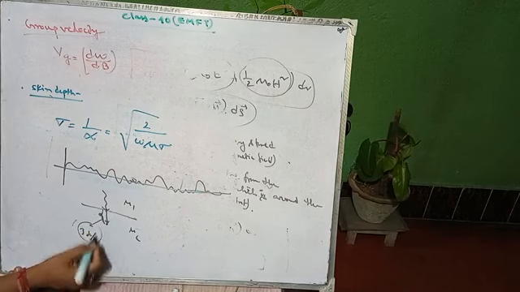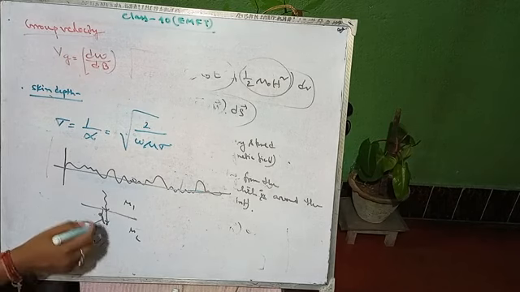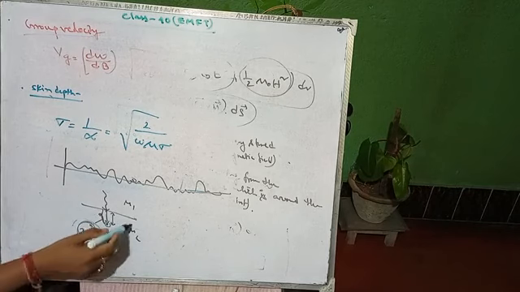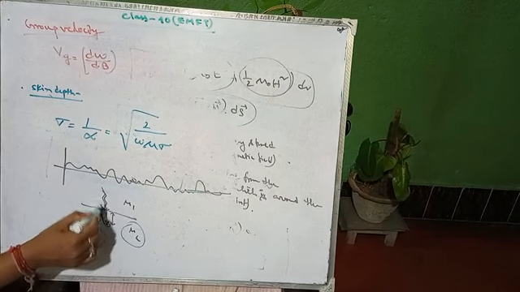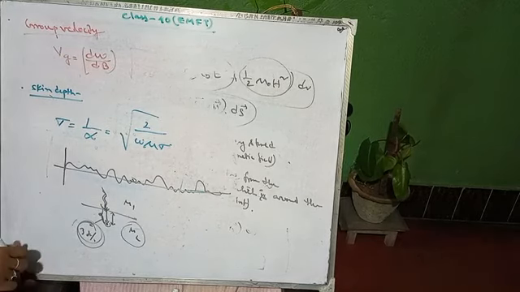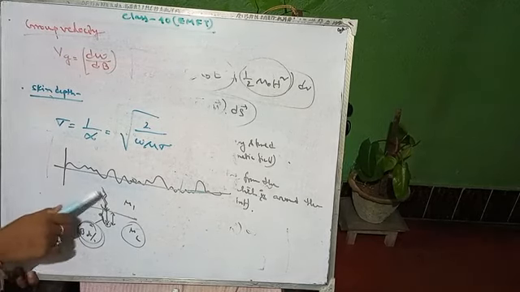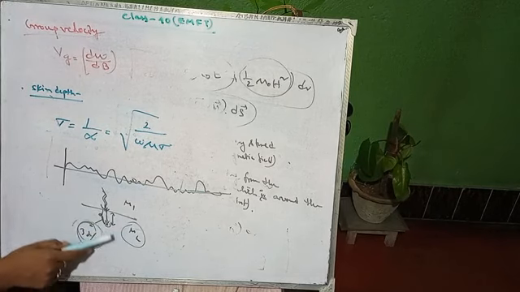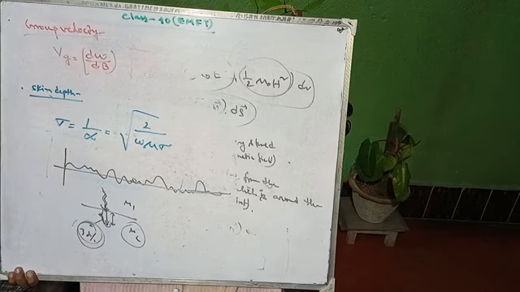This depth is called the skin depth for this medium and this frequency of the wave. For a certain frequency of a wave and a certain medium, your skin depth will be calculated.